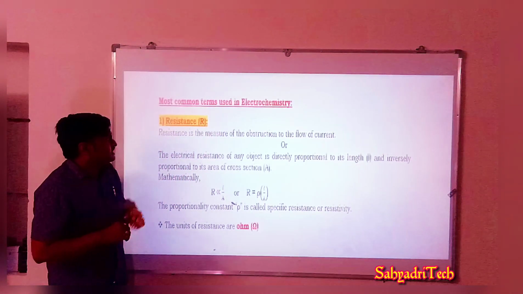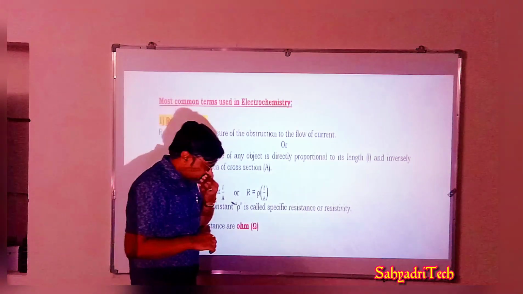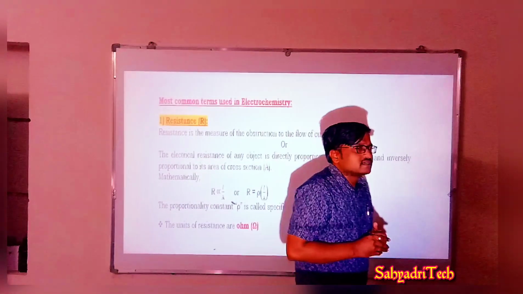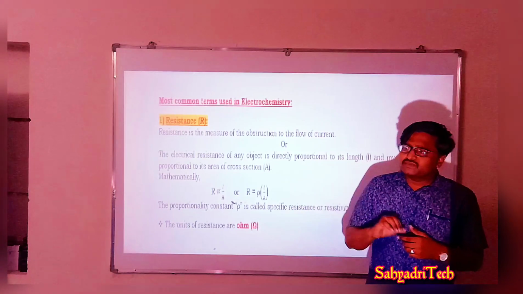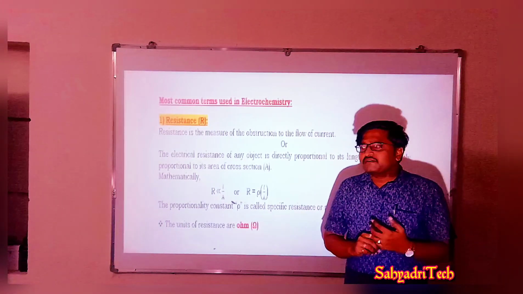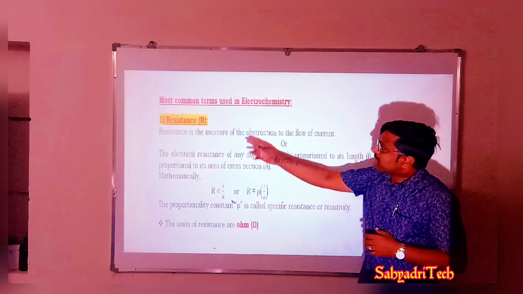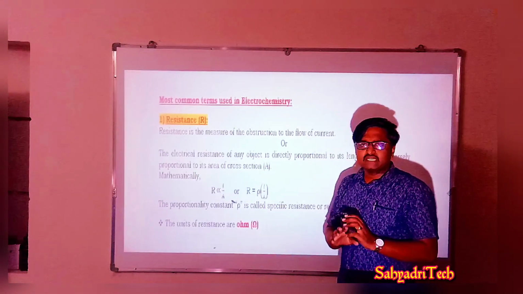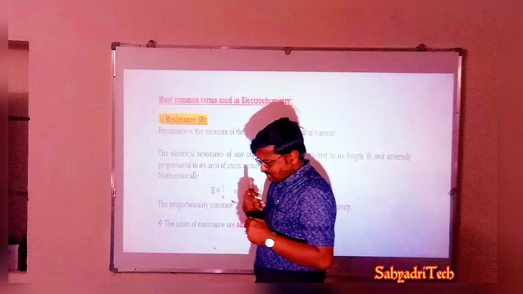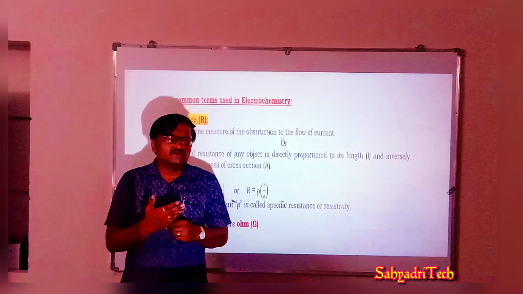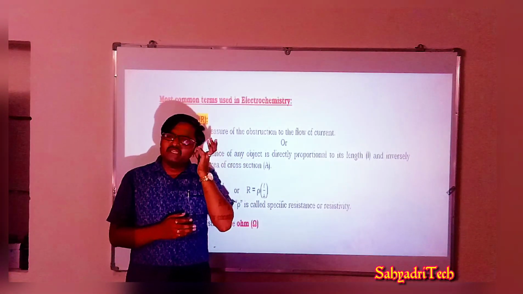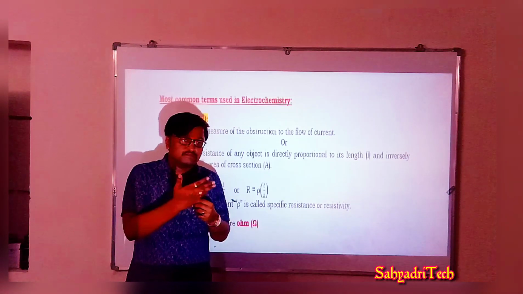Coming to the first one, resistance. As I already mentioned in the law, resistance, potential difference, and strength of current are interrelated in the form of Ohm's law. Now, the meaning of resistance: resist usually means to oppose, to obstruct.